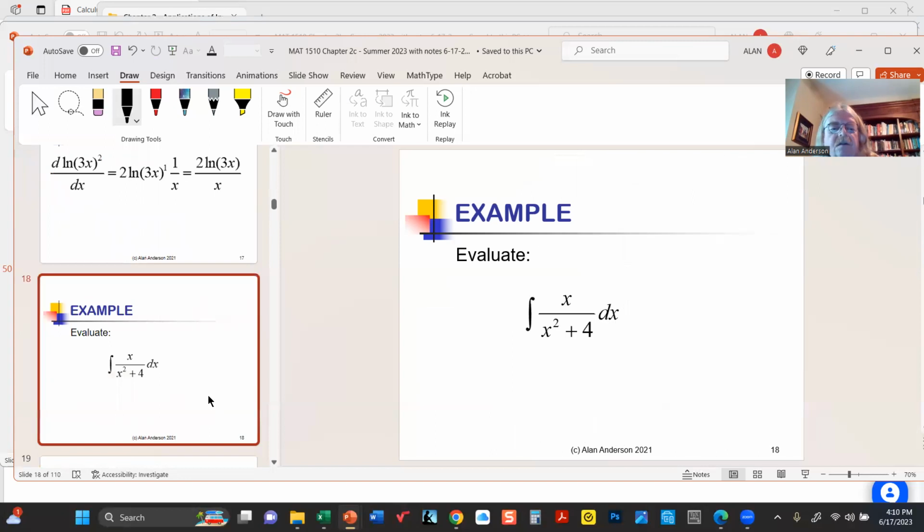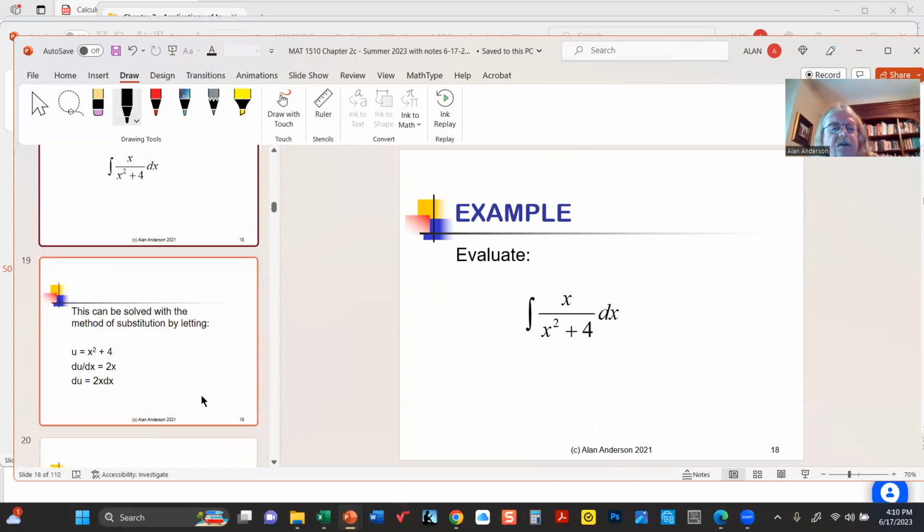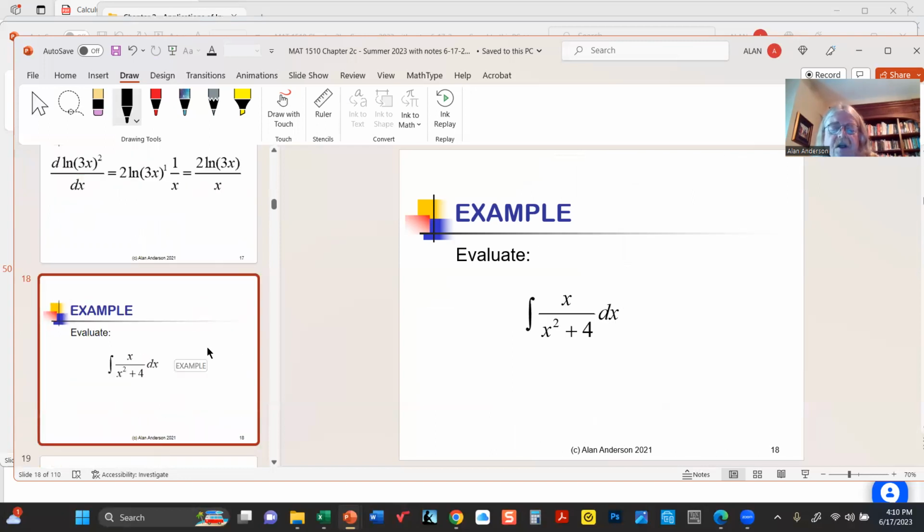now this next one doesn't involve logs, but still, this one does require u substitution. So let's try u equals x squared plus 4. du dx is 2x, du is 2x dx.